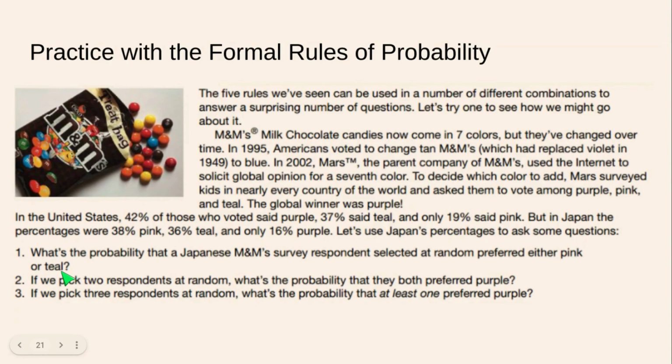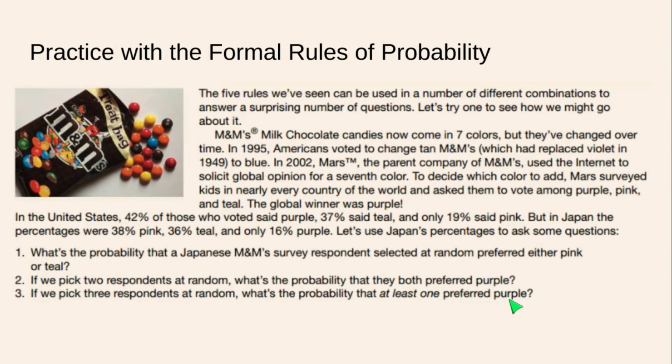Number 2, if we pick 2 respondents at random, what's the probability that they both prefer purple? And number 3, if we pick 3 respondents at random, what's the probability that at least one, there's that phrase again, at least one, preferred purple? Take a moment, try each of these problems using a bit of addition and a bit of multiplication rules, assuming that each of these events are independent, and unpause the video when you want to check your answers.